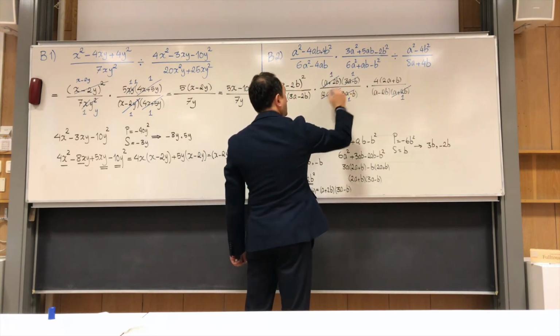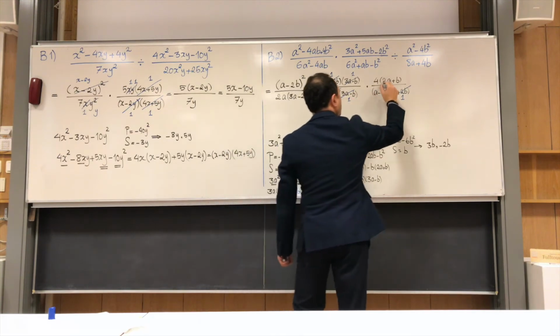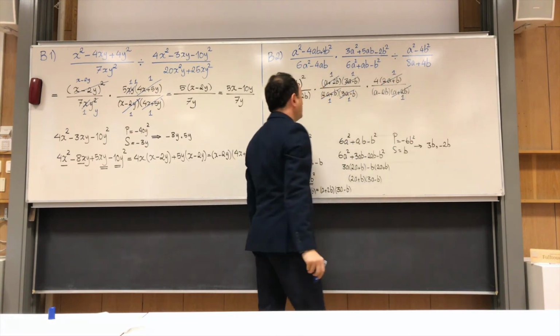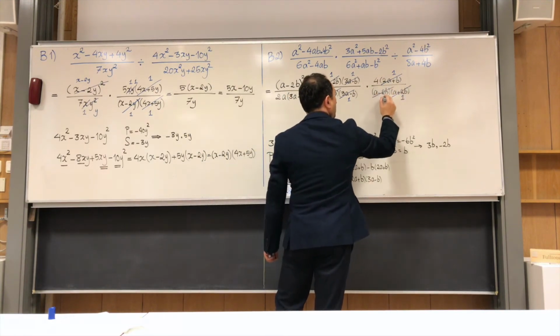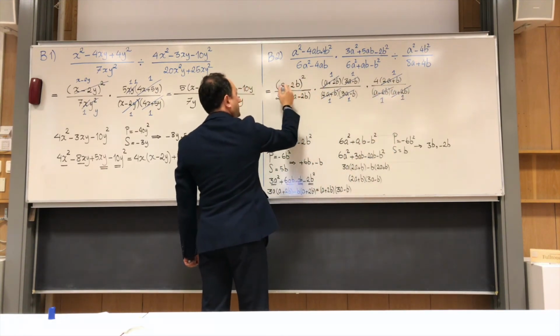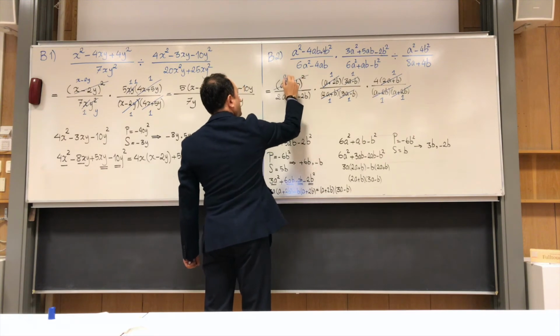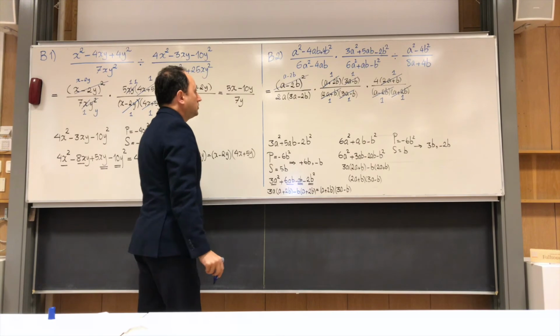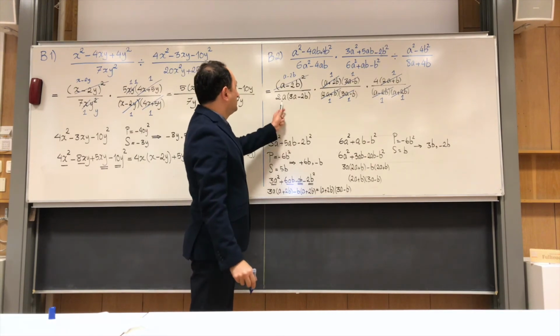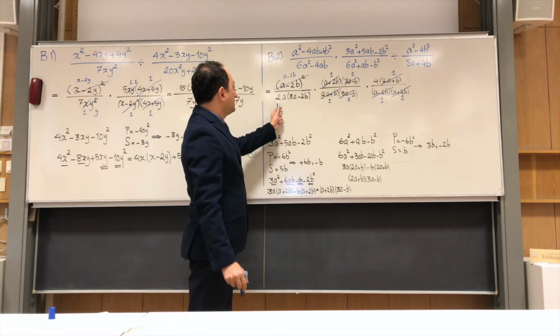This one from the denominator of this one and the numerator of that one can also be simplified. And then this a minus 2b from here can be simplified with one of these factors, and a minus 2b is left. Is there something more that I can simplify? No. So these are surviving.